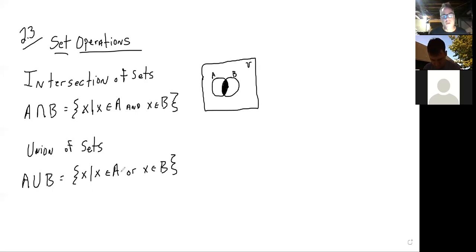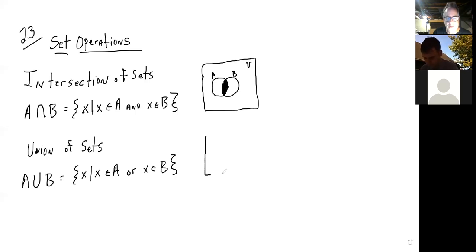So an element could be in both A and B, but at the least it has to be in one or the other. I always think of union as just taking your two sets and dumping them together in one big hat.